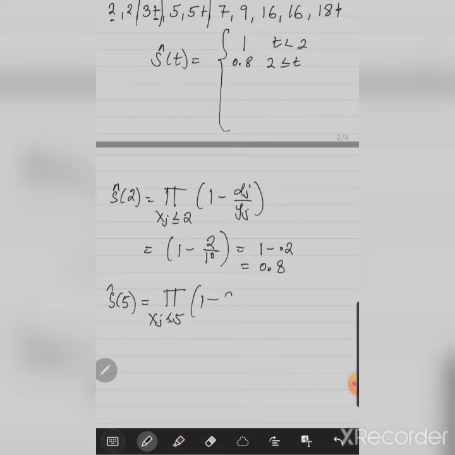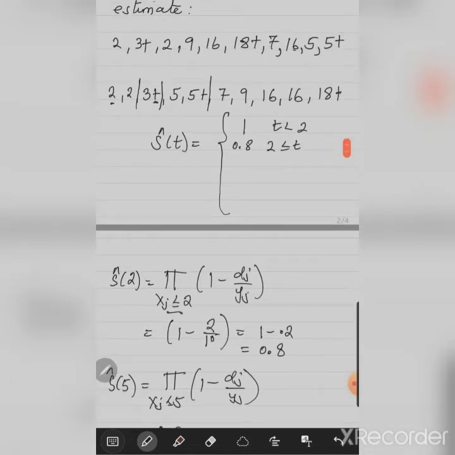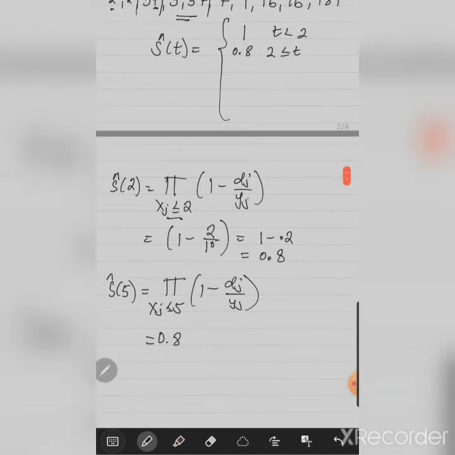So this will be 1 minus dj over yj, and this is going to be 0.8 for x of j less or equal to 2. Then we also have to consider the observations at x of j is less or equal to 5.